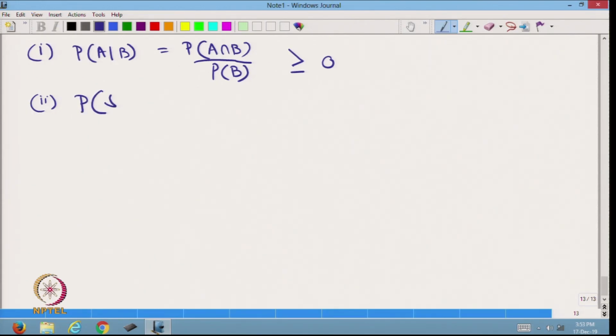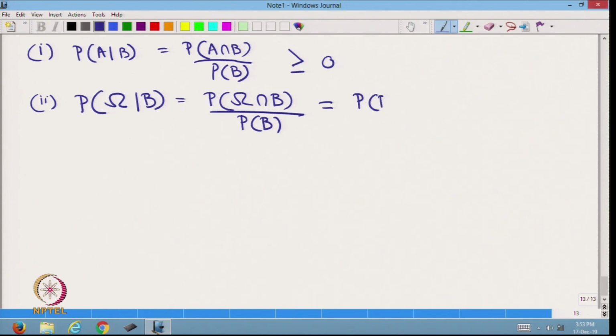Two: the probability of omega given B is equal to the probability of omega intersected with B divided by the probability of B. Now, omega intersected with B is equal to B, therefore, this is going to be the probability of B upon the probability of B, which is equal to 1.